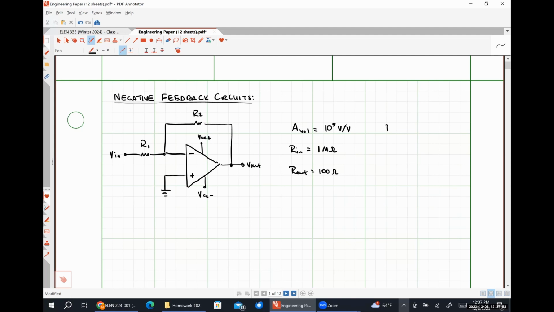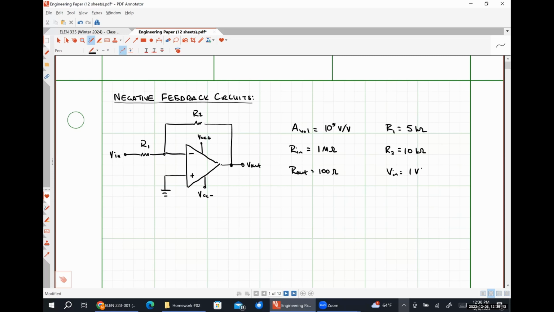Let's say that our resistor R1 has a value of 5 kilo ohms, our resistor R2 has a value of 10 kilo ohms, and our input signal Vin is simply 1 volt.